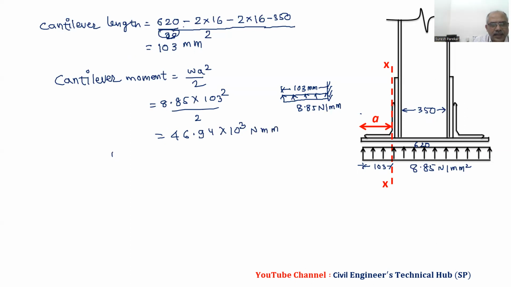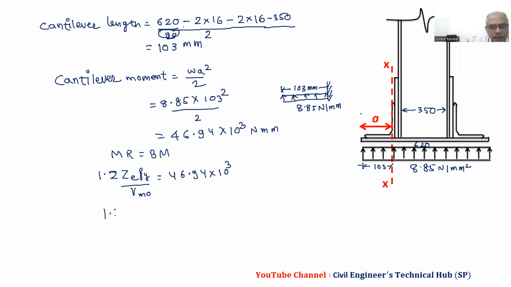Now we have MR equal to bending moment. This is explained in detail, how this 1.2 comes over here: 1.2 ZE Fy upon gamma MO, equal to 46.94 into 10 raised to 3.